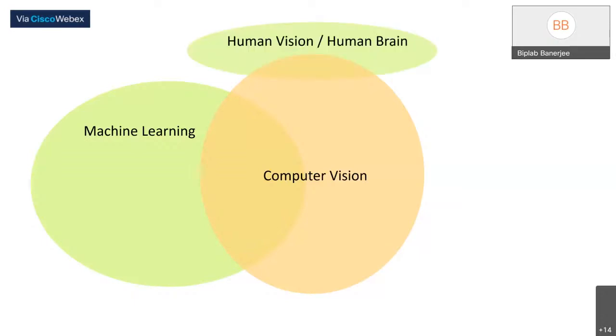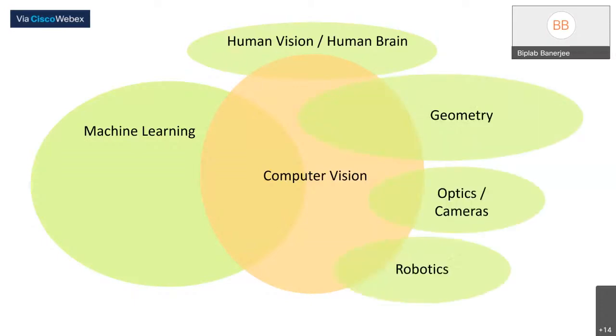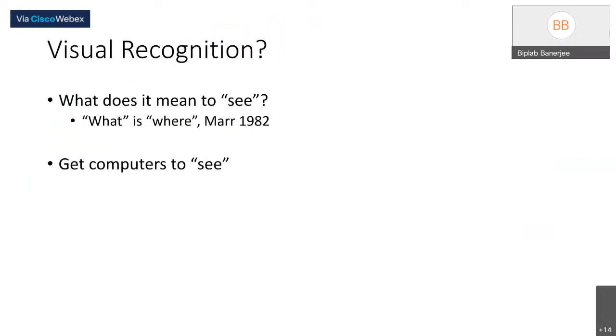Other than that, there are ways to solve the problem using geometry, physics, robot control, and all this stuff, right? And part of the problems in this intersection, as you can see, can be solved very well using deep learning. Okay.